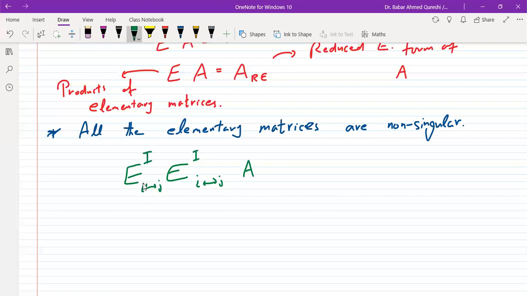I again exchange row I and J. So what's going to happen? Finally, I have not exchanged anything. So this is equal to A. This means that this is identity. I didn't do anything to my matrix.